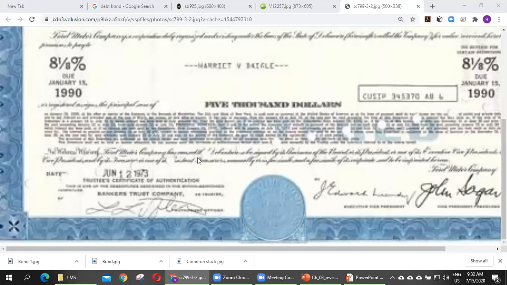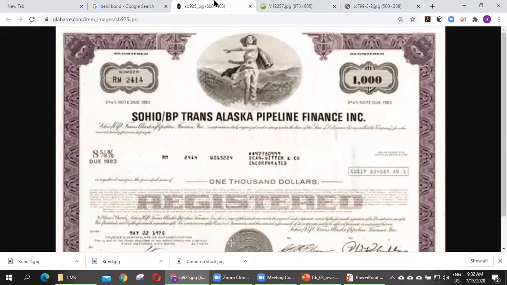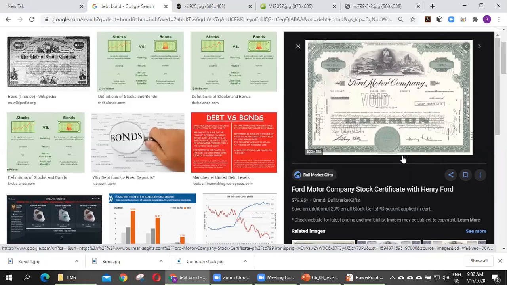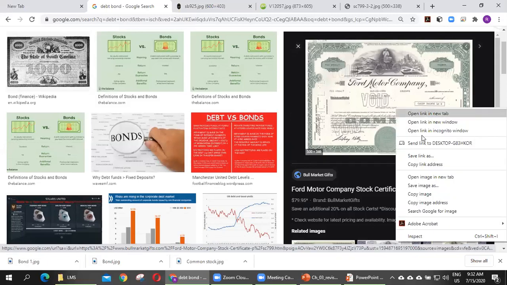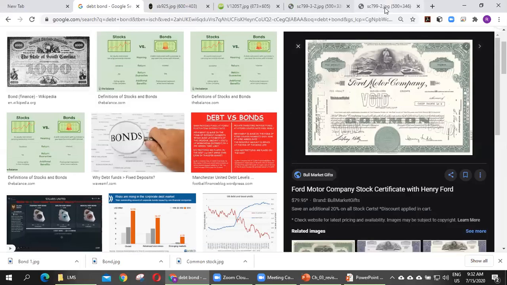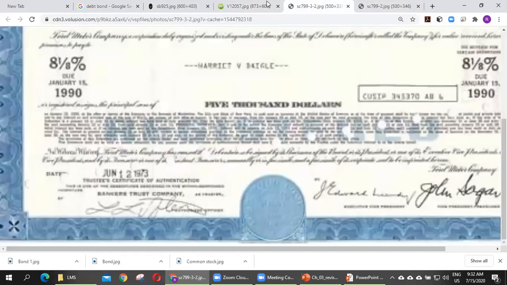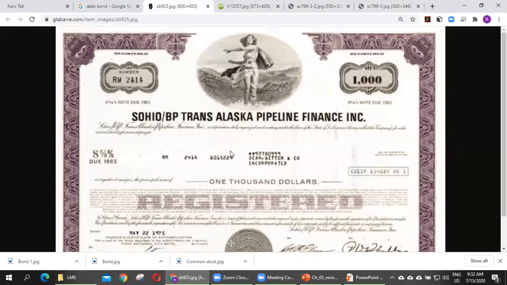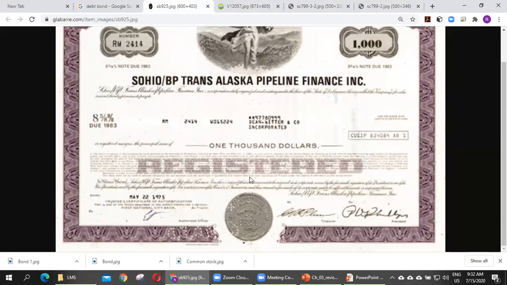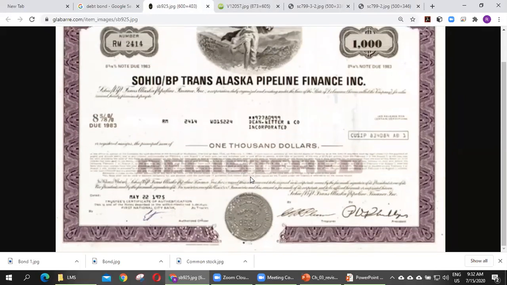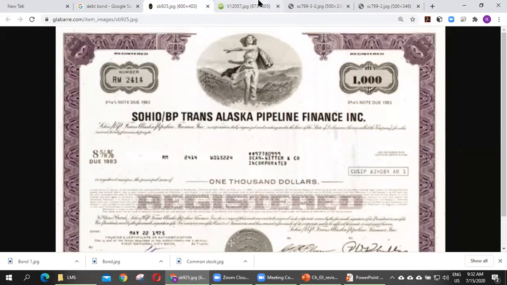So we have good knowledge of this. This is a common stock, I think. This is registered $1,000. It's a bond.